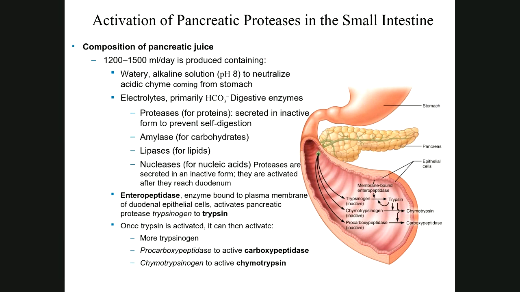And enteropeptidase too, an enzyme bound to the plasma membrane of the duodenum epithelial cells, activates the pancreatic protease trypsinogen into trypsin. Once the trypsin is activated, you can activate more trypsin.